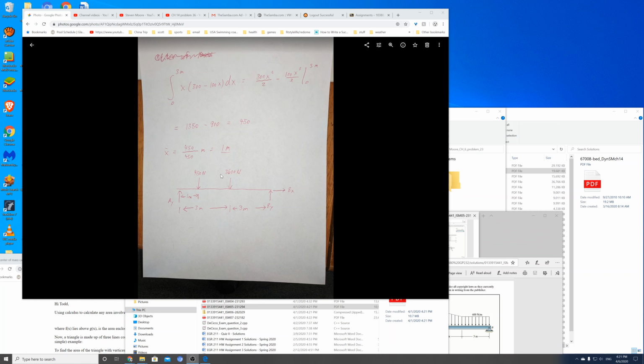So what do we have? We have two forces, so we can represent those two distributions of force, or distributions of weight, as the first one, the 3,600 newtons acting at the center, and the second one, the 450 newtons acting 1 meter from point A. Okay.